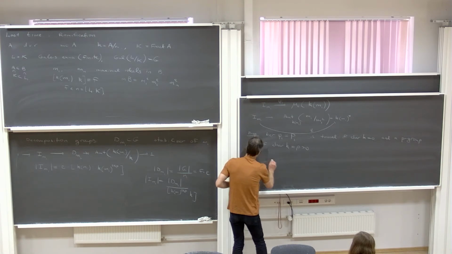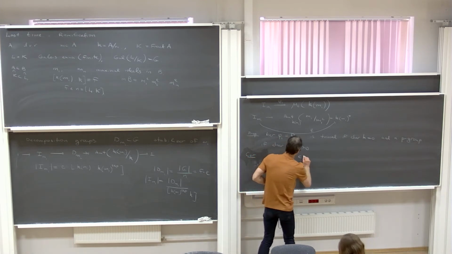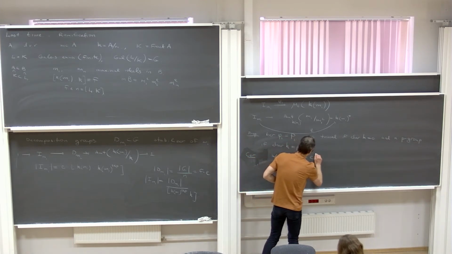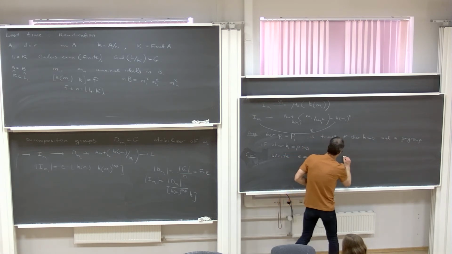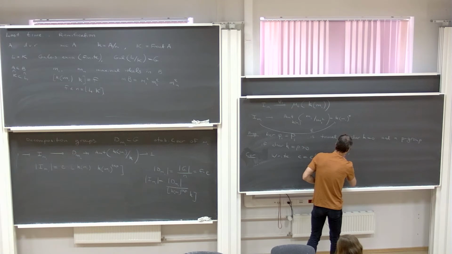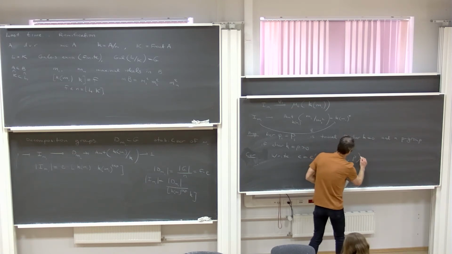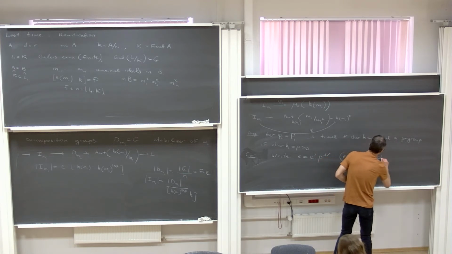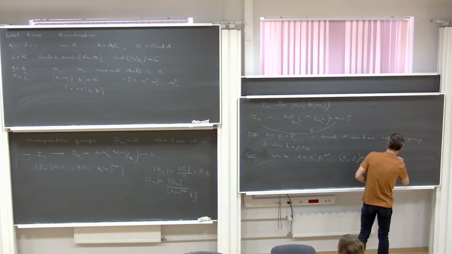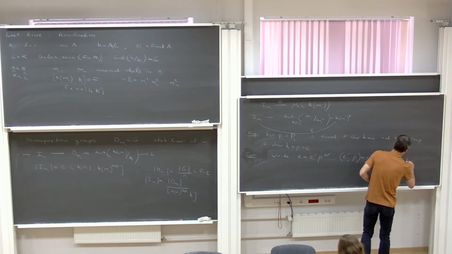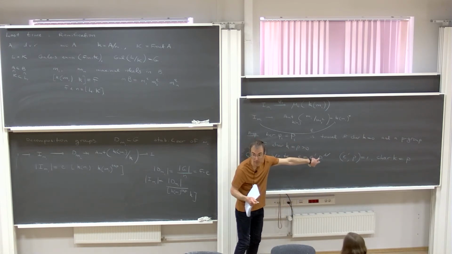So let's write E as a product of E prime and some power of p. E prime is relatively prime to p, and p is the characteristic of the residue field. So if the characteristic is 0, then set E prime equal to E.